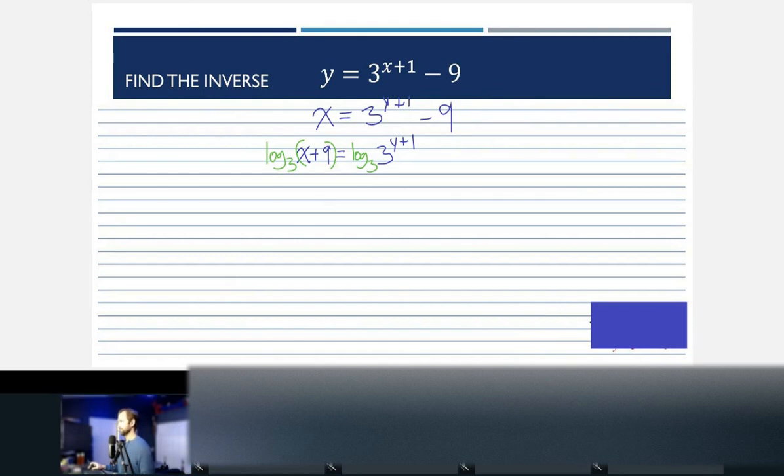Okay, then what? Can we just keep it this simple? No, that'd be too easy. Yeah, y plus 1 goes in front. Yep.